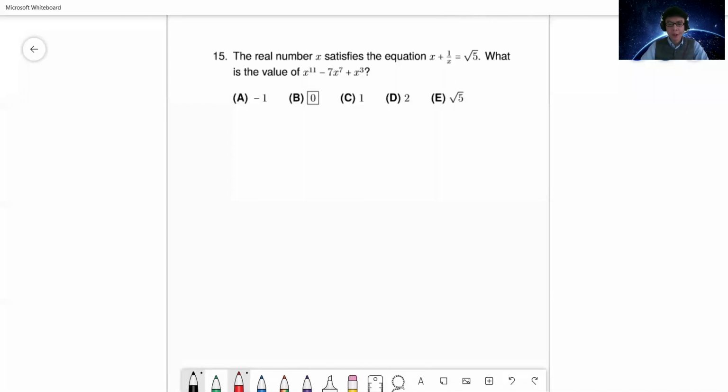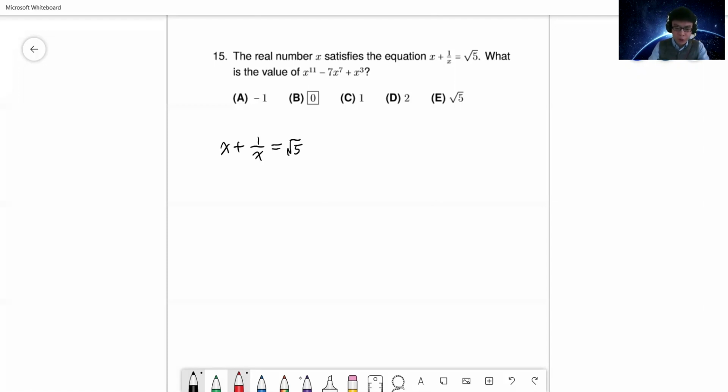Question 15. We are given an equation: x plus its reciprocal equals root 5. We are required to get the value of a polynomial expression. A common strategy for such an expression is to take the square.